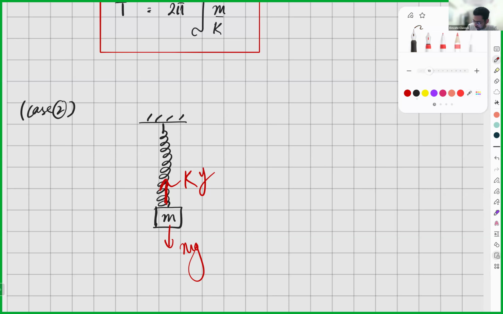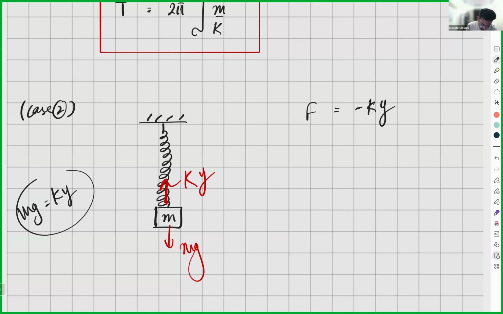So the equations balance in such a way that the equation of motion is still the same, which is minus ky. mg equals minus ky. So this is the equilibrium condition. There was a question in JAM 2026 based on the equilibrium condition. But what I am saying is that the force still comes out to be minus ky.